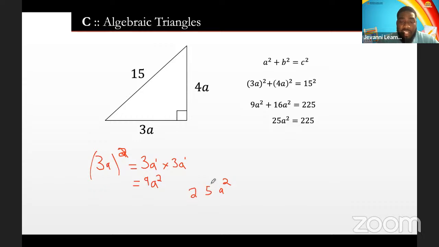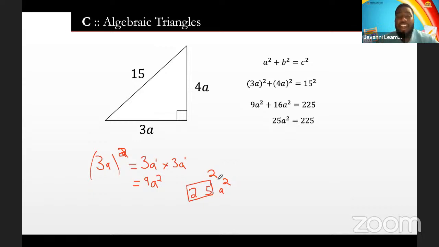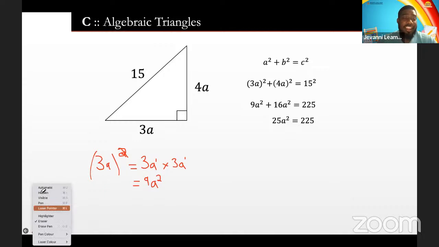But it only means that 25 is a coefficient, and only the a is squared. You can't put a random square above the 25 like that. That wouldn't lead you to the answer. It's just 25. So the number or coefficient in front of the a squared is 25, and it's being multiplied by the a squared.